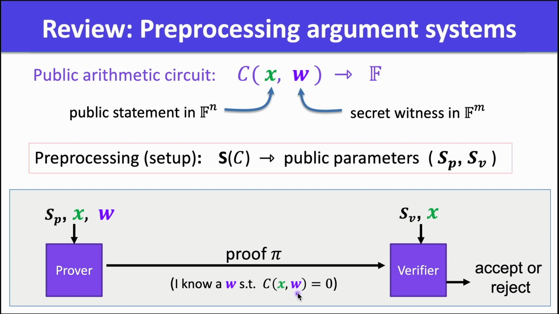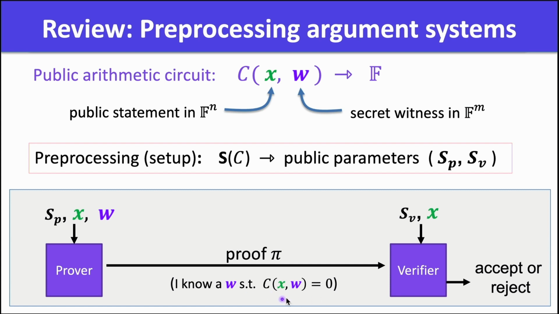Now, in the last segment, we saw a number of examples of what the circuit C could do. Just as an example of a circuit C, you can think of a circuit that proves knowledge of a hash preimage of the statement x. That is, the circuit C proves that the hash of w is equal to x, and the verifier, of course, knows x but doesn't know w, and yet the proof will convince the verifier that the prover knows a w such that the hash of w is equal to x.